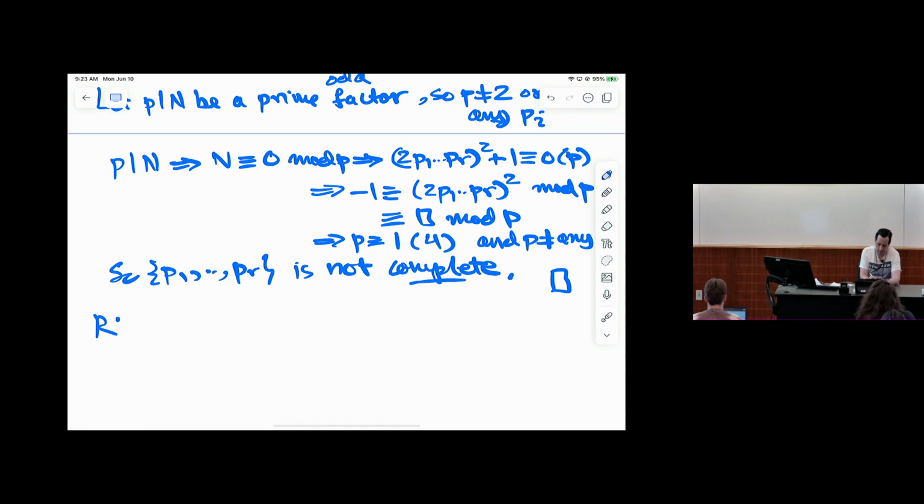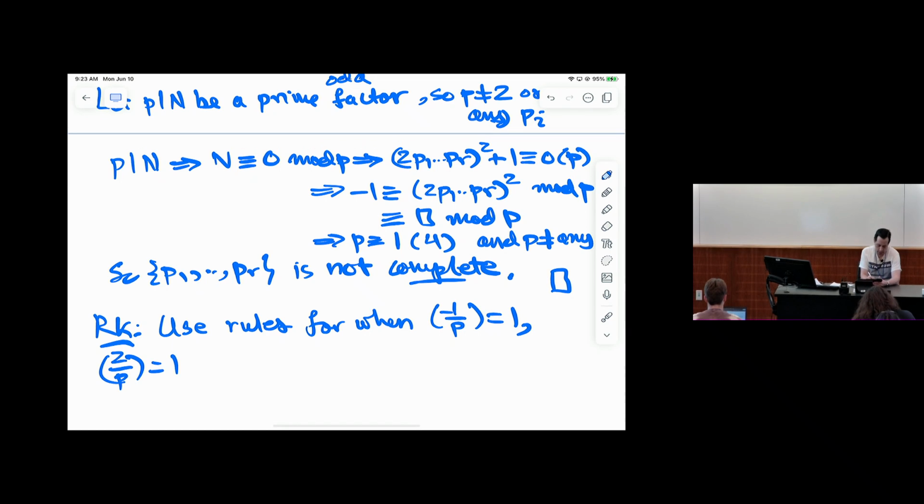And so if you use the rules for the square conditions for when -1 is a square, for when 2 is a square, or for when -2 is a square, those are 3 separate collections of congruence conditions.